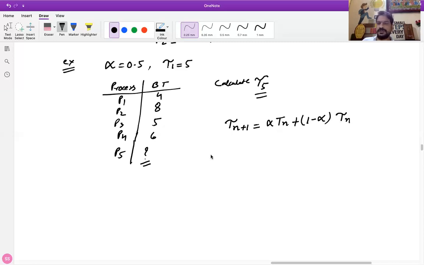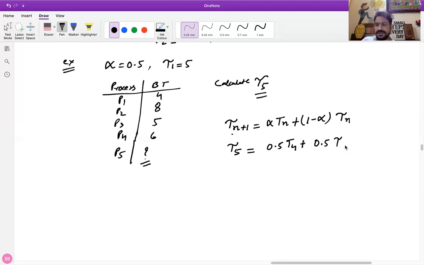If we fit this formula into this problem, the predicted time of process 5 is calculated as: the alpha value is 0.5, so 0.5 into Tn. What is Tn? Tn is 4 here, because we are talking about n plus 1 being 5. Wait, Tn is the time of the previous process. Plus 1 minus alpha, which will again be 0.5 because 1 minus 0.5 is again 0.5, into tau n.